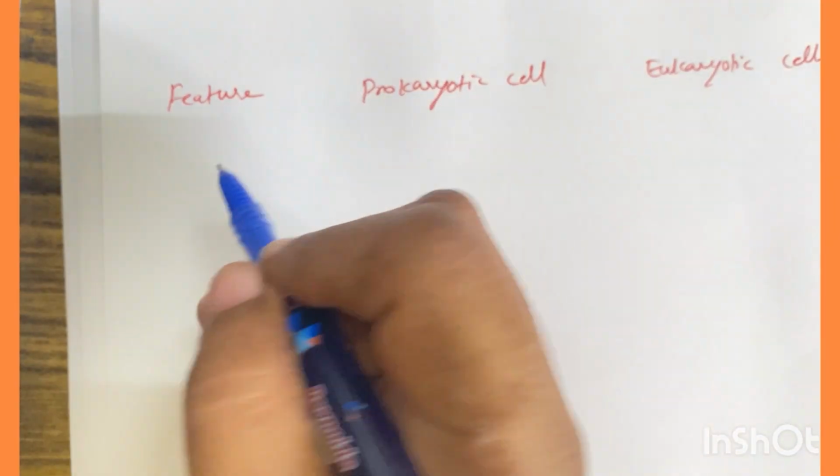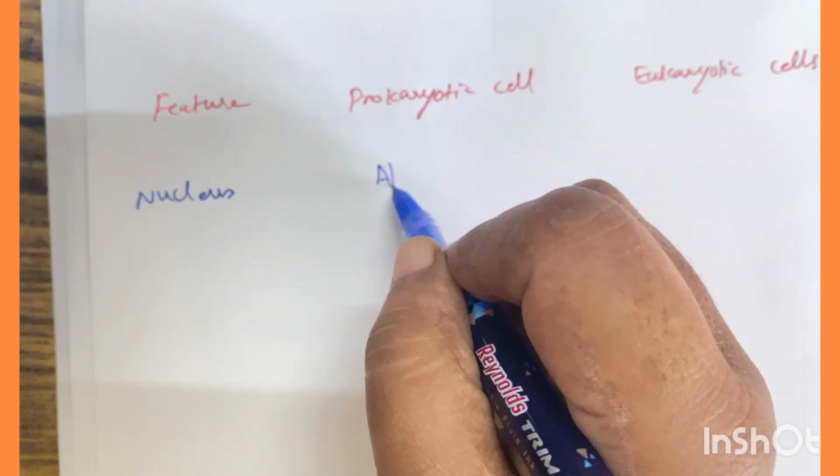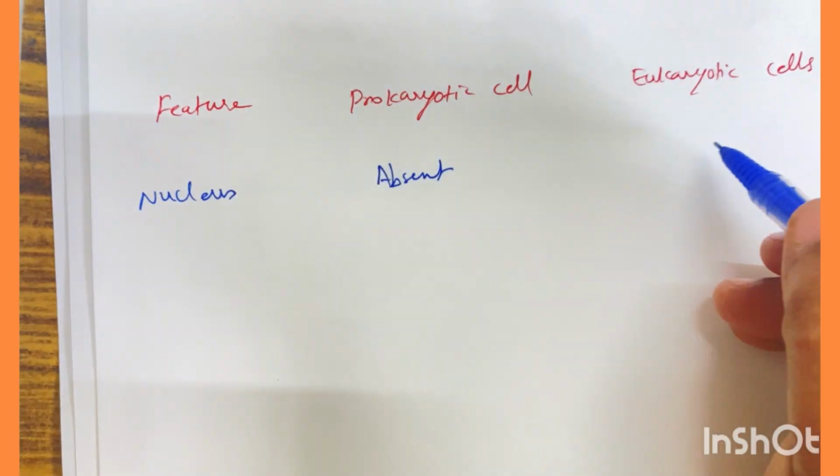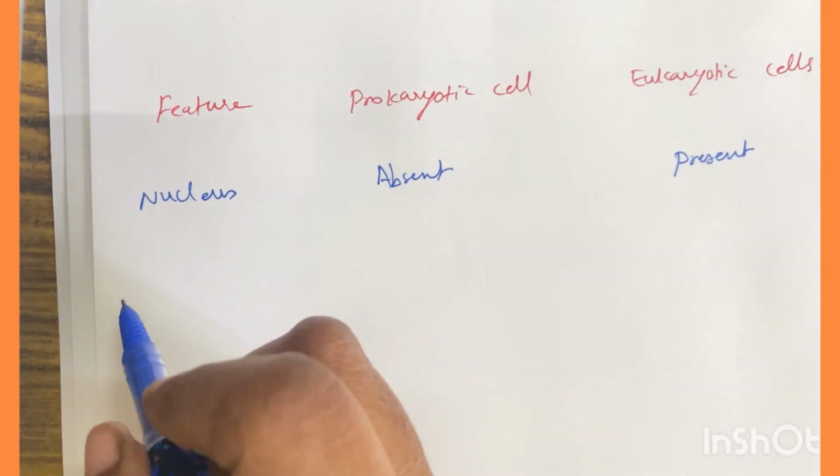I am damn sure you all will be able to answer this as we proceed and I ask you the questions. Now the first feature, nucleus. What about prokaryotes? It's present or absent? It is absent, and this is present in eukaryotic cell.